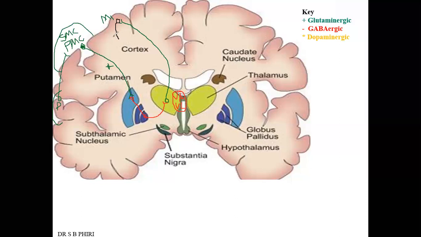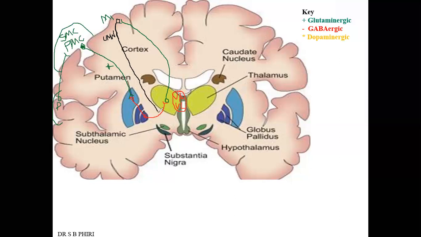So this upper motor neuron will descend as a pathway, the pyramidal system. We said the pyramidal system is passing through the internal capsule, the posterior limb of the internal capsule. So it's just passing here.